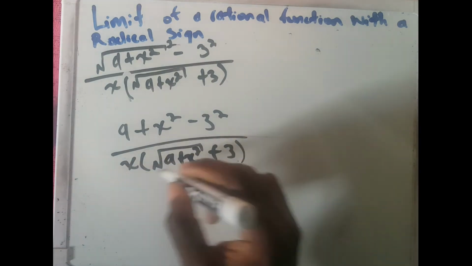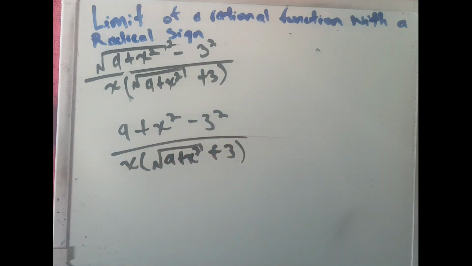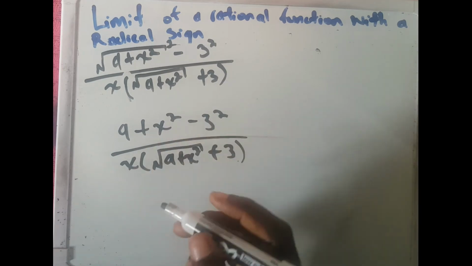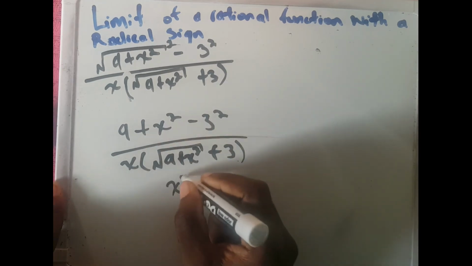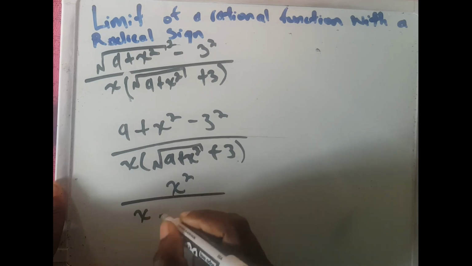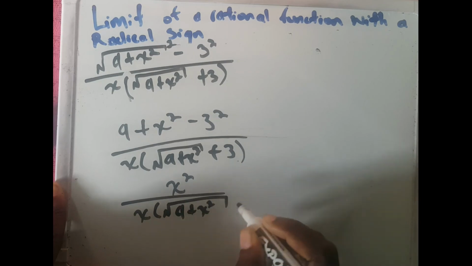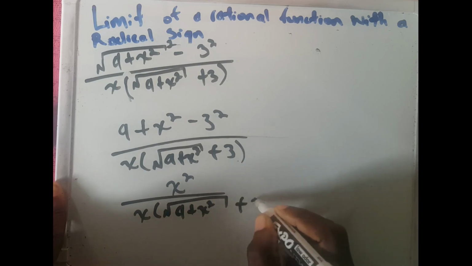Now this will be x squared on top, because 3 squared is 9, so 9 minus 9, I'm left with x squared on top over x times root 9 plus x squared plus 3.